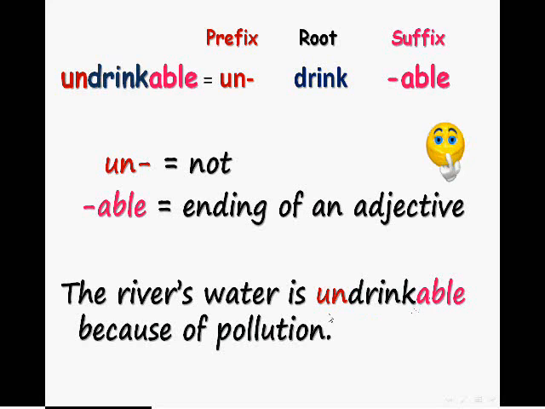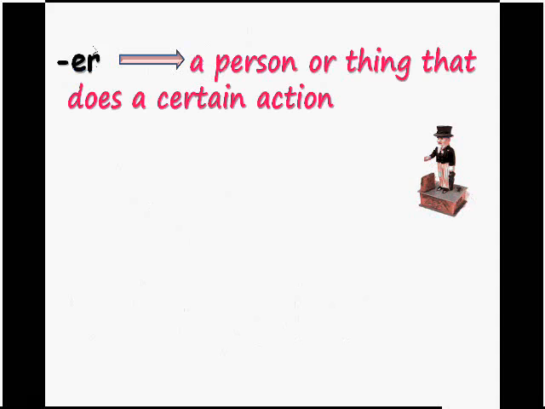Okay? But here it means you can't drink it. And of course, able, this is an adjective. I'm describing the river water that nobody can drink. Okay? Undrinkable.